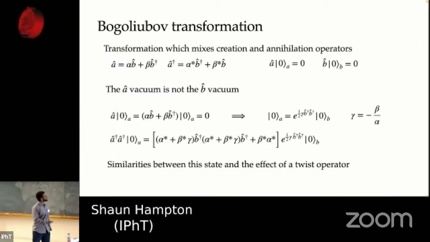So I'll have the vacuum with respect to A hat, and the vacuum with respect to B hat. But the A vacuum is not the B vacuum. And if we follow these equations here, we find that the A vacuum can be written as this exponential of bilinear excitations on the B vacuum.